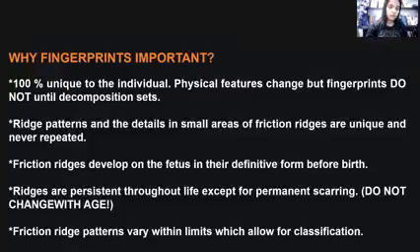Third, friction ridges develop on the fetus in their definitive form before birth. Fourth, ridges are persistent throughout life except for permanent scarring. They do not change with age. Friction ridge patterns vary within limits, which allows for classification.